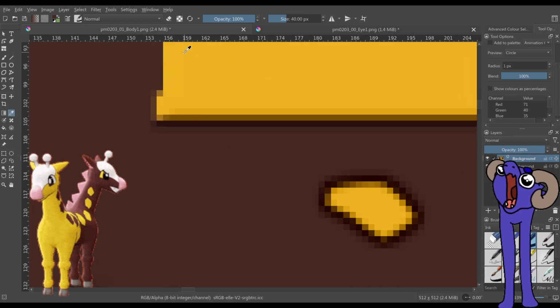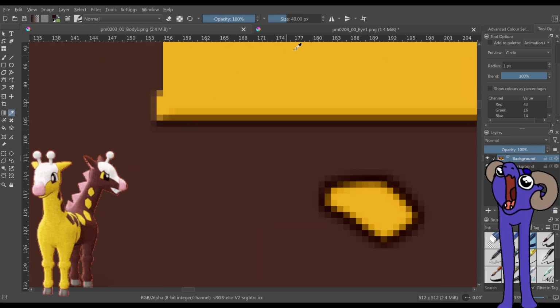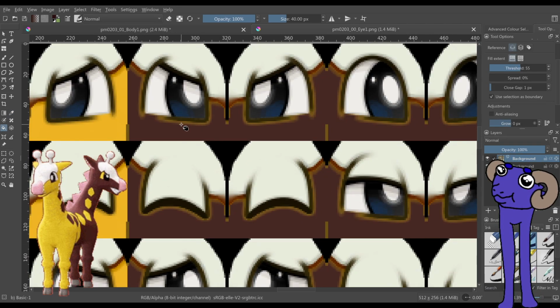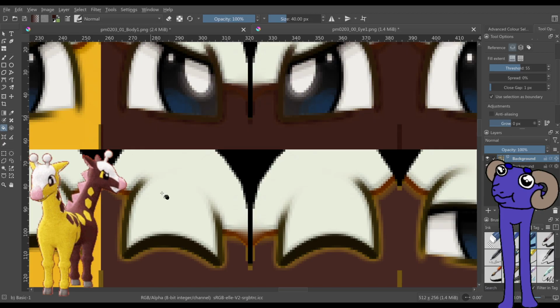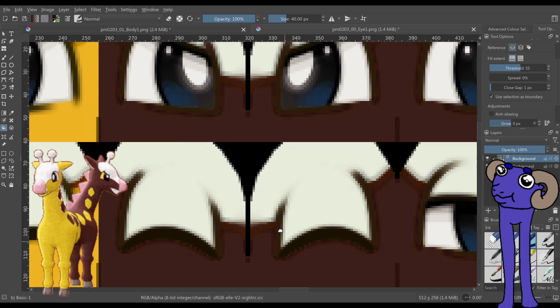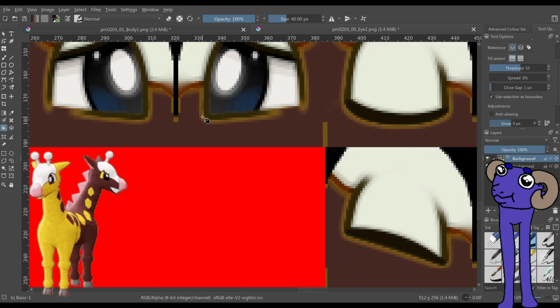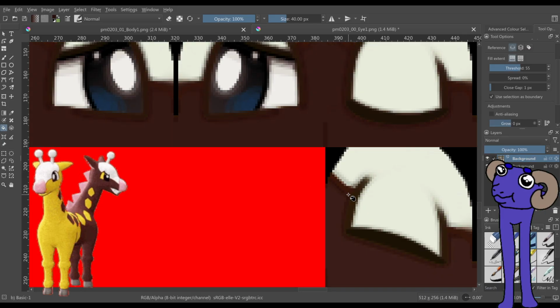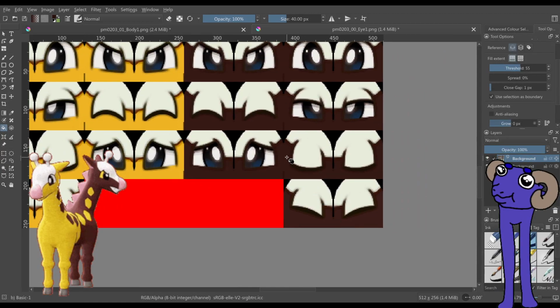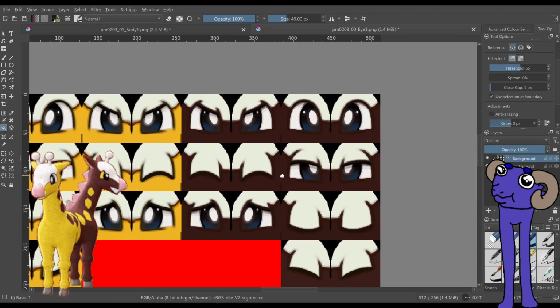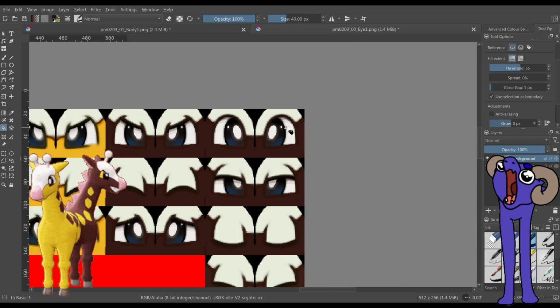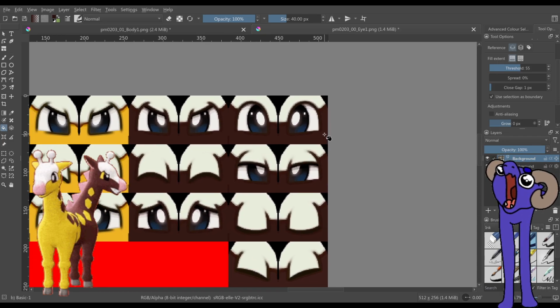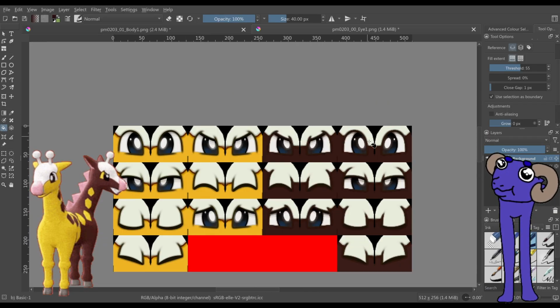Then we want to grab this color. Didn't realize how derpy these eyes look.